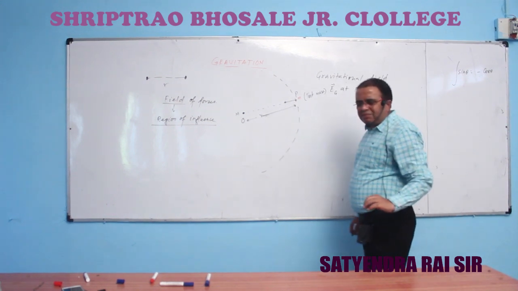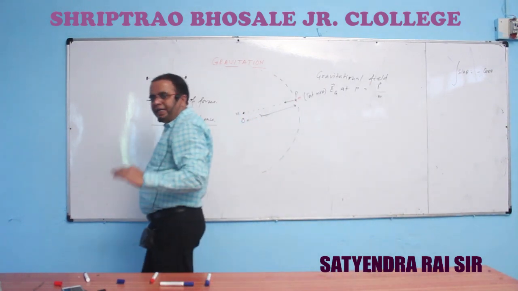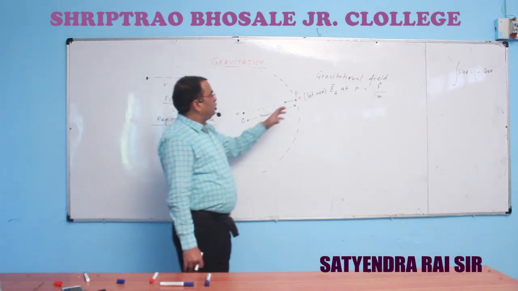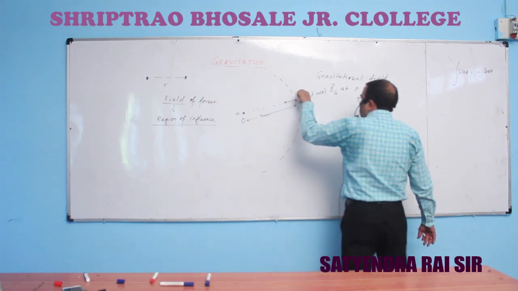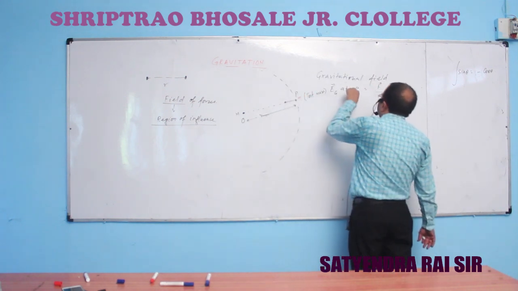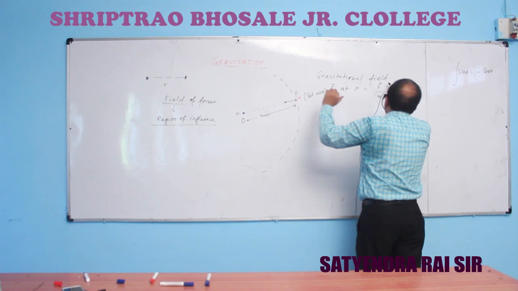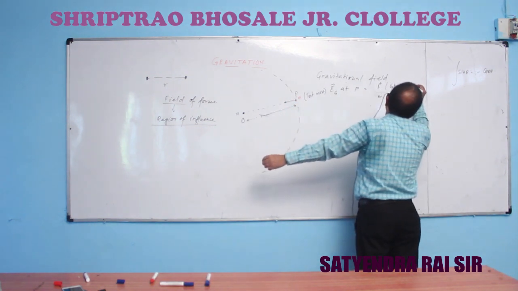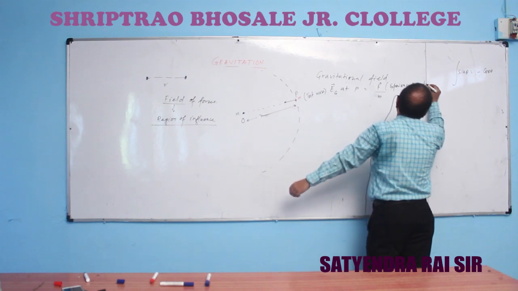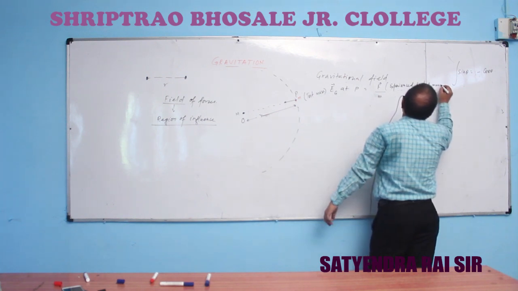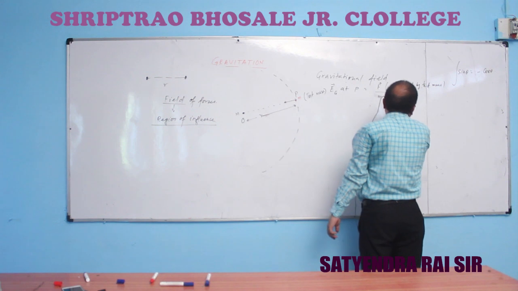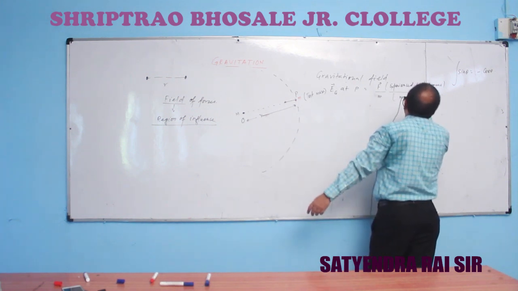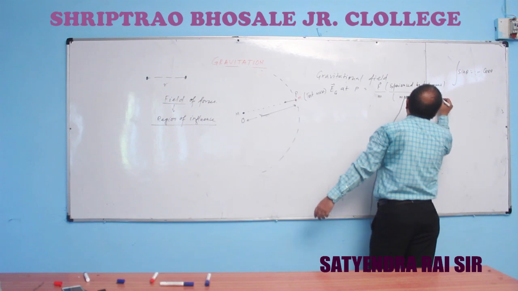Why is it called a test mass? It is called a test mass as it is used to measure the intensity of the gravitational field. The intensity at the location of the test mass, that is at the point P, is given by the force F experienced by the test mass divided by the mass of the test mass.